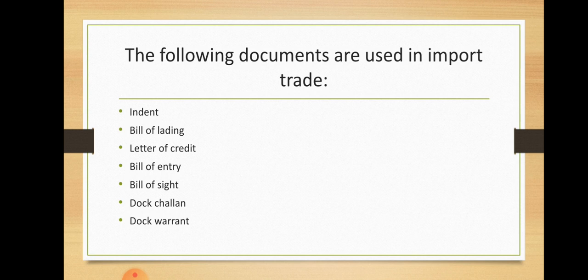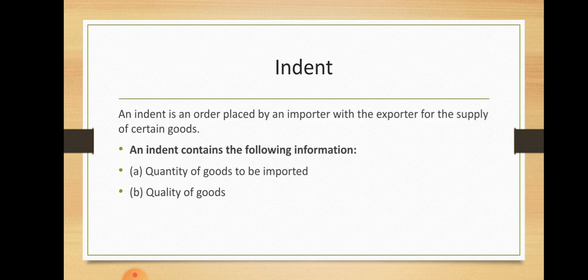Starting with the first document used in import trade: we have to purchase goods from a foreign country. First of all, to purchase anything from any place, we have to make an inquiry about it. In inland trade also we have studied that we have to make an inquiry about that particular product.